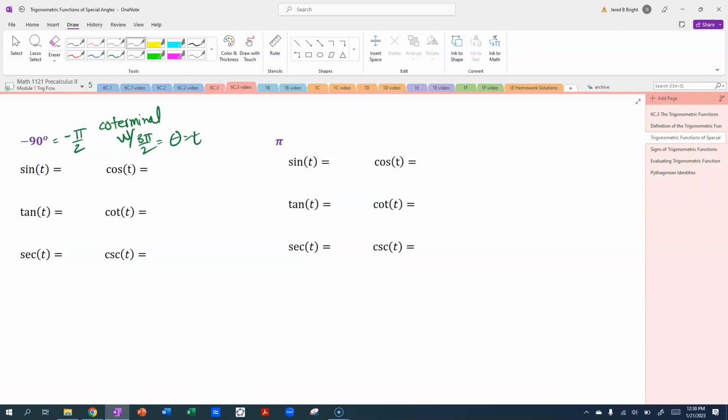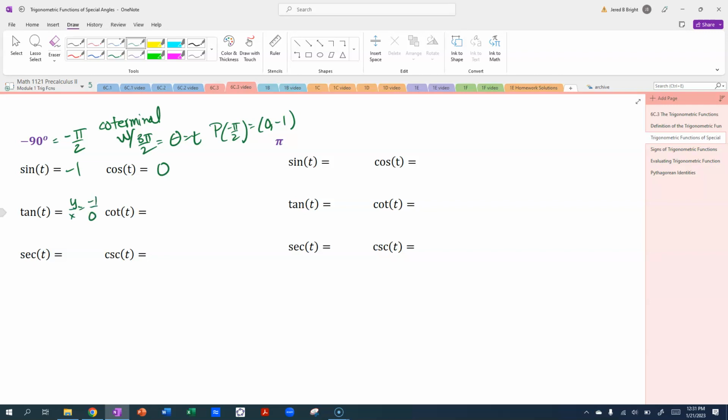So P of negative pi over 2, or P of 3 pi over 2, is the point 0, negative 1. Then sine is negative 1, cosine is 0, and tangent would be y over x, which is negative 1 over 0.